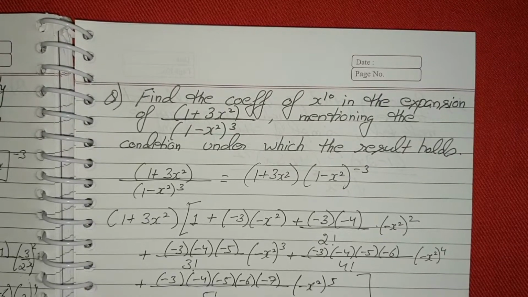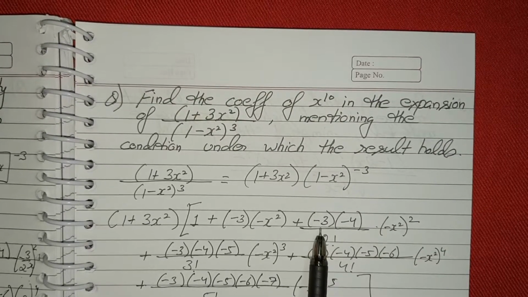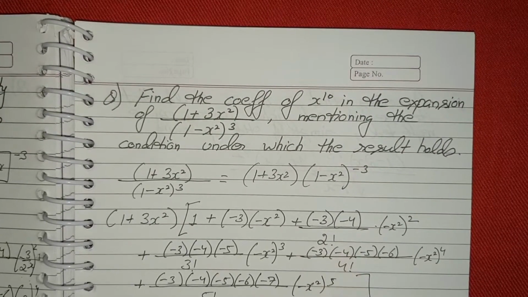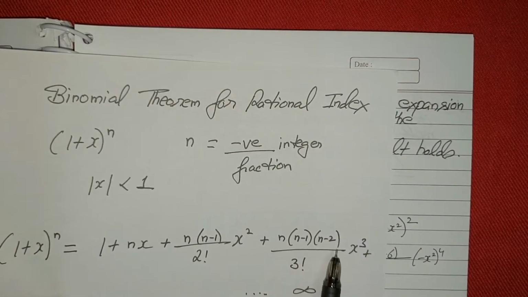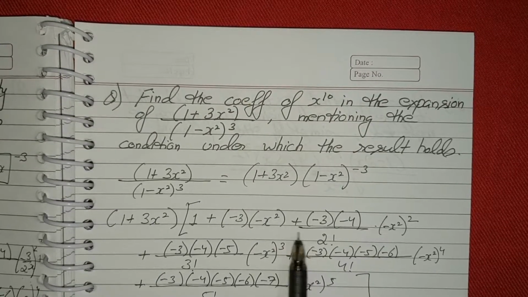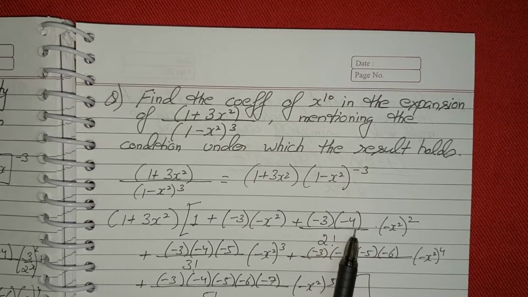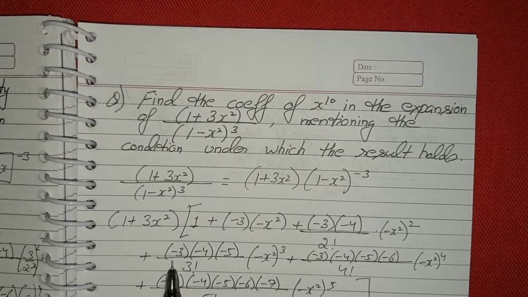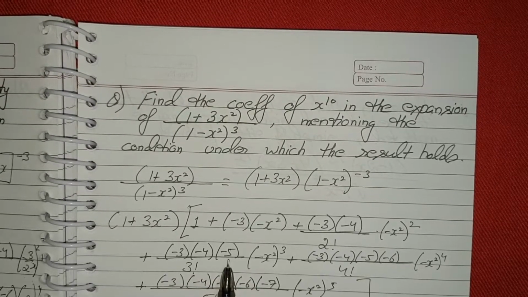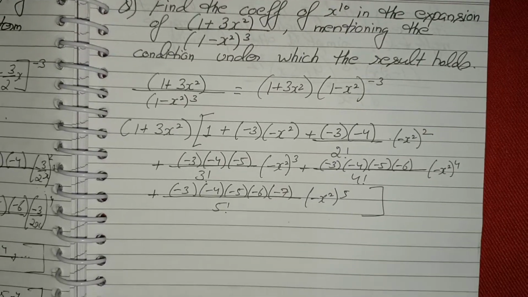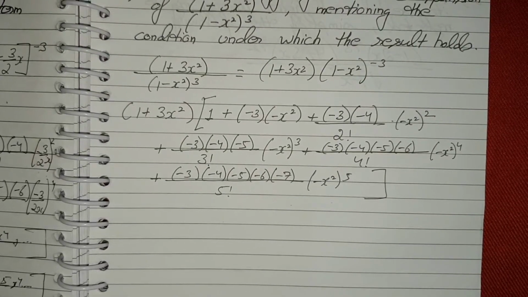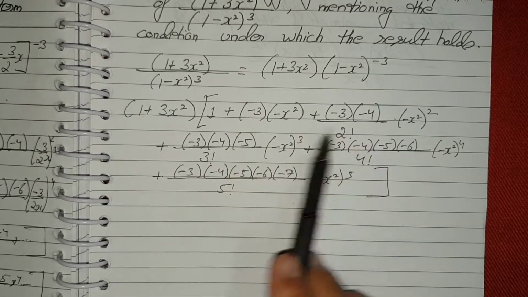Okay. Now I am going to tell you how I am getting minus 3, minus 4, because in the formula it is n, n minus 1, n minus 2 and so on. So minus 3, n minus 1 is minus 4, n minus 2 will be minus 5, means minus 3 minus 5.